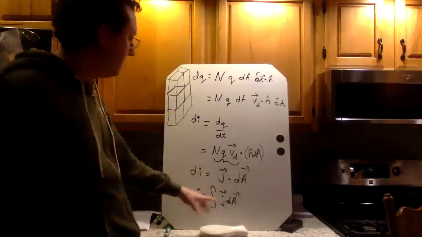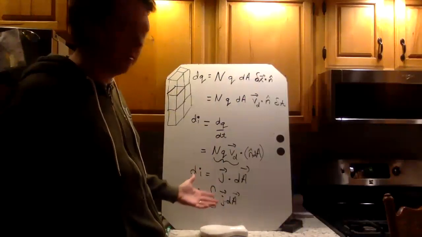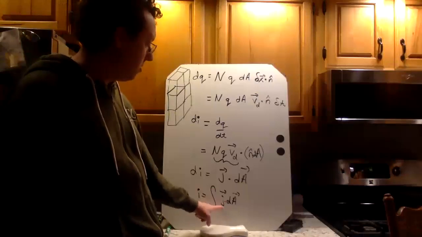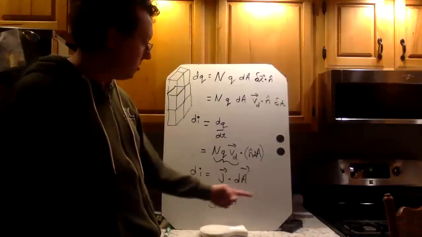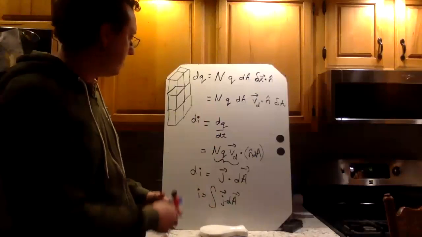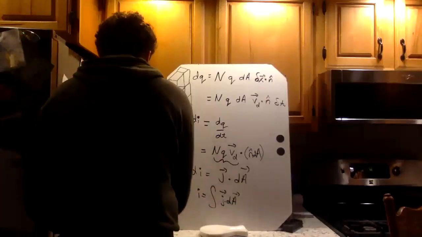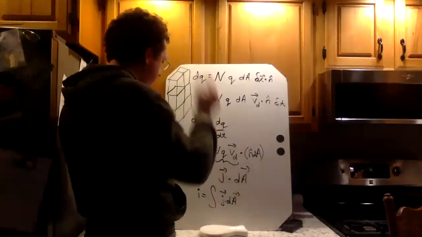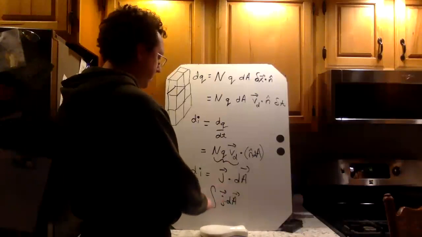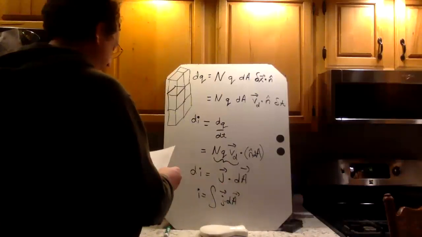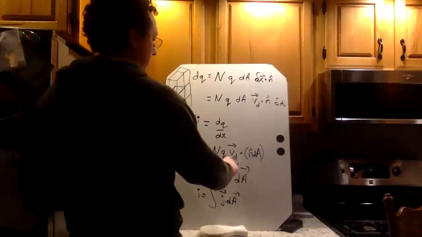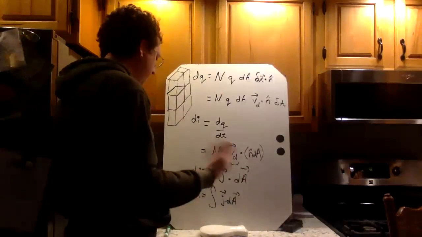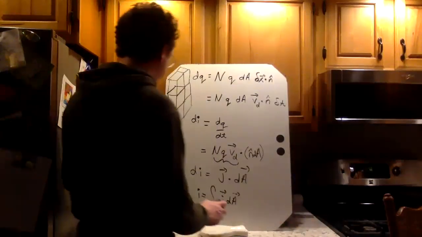Well, multiplying by area just becomes an integral. And so you're integrating the current per unit area in a certain direction over a surface. So that defines implicitly the concept of current density, and it gets the idea of current and how it relates to the actual motions of the underlying microscopic charge carriers.